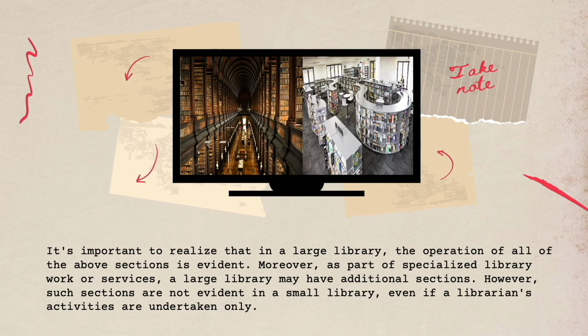Moreover, as part of specialized library work or services, a large library may have additional sections, such as children's section, audiovisual section, computer section, etc. However, such sections are not evident in a small library, such as a school library, even if a librarian's activities are undertaken only.